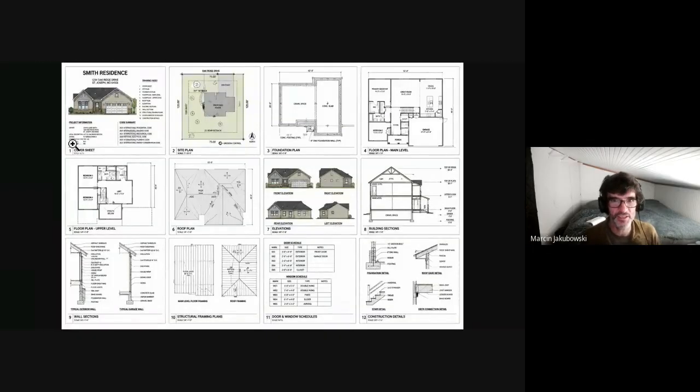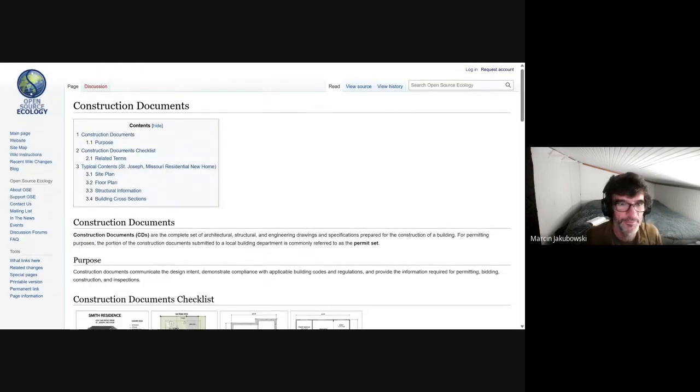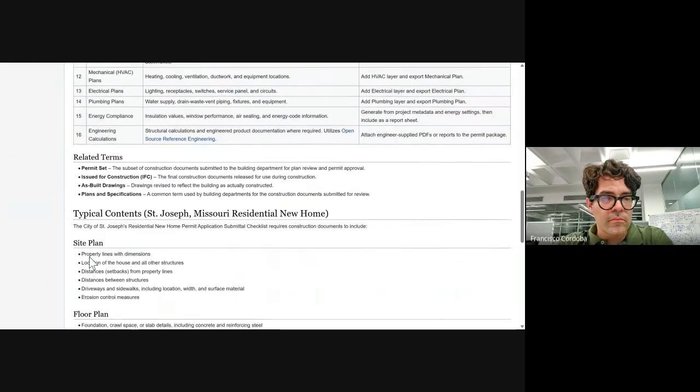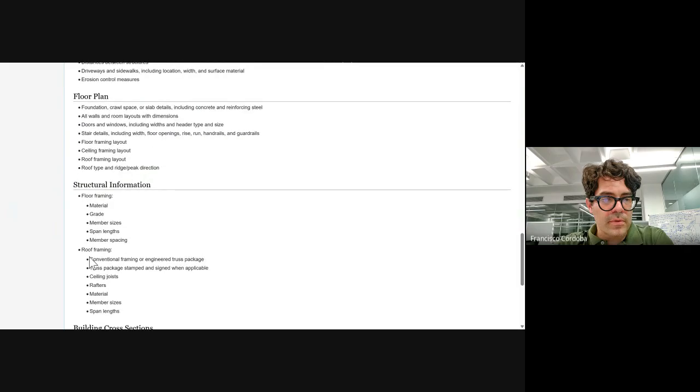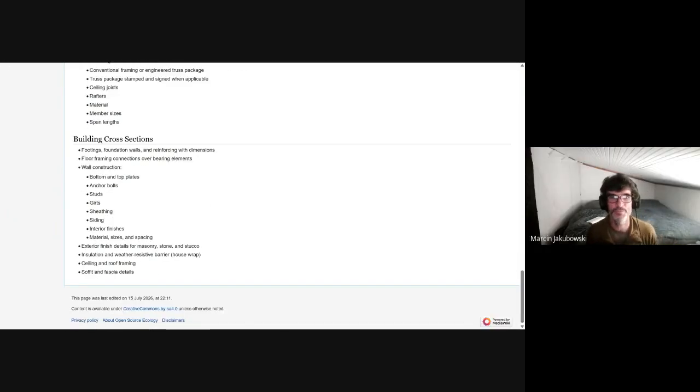So this is a basic example, just generated by ChatGPT in a few minutes, but it's pretty good. Visually, that makes sense for tangible products. Now, if you have the full Iconic CAD for the house, you drag and drop and design it, then click generate the construction documents, and here it is. So that's some of the outputs of the Iconic CAD.